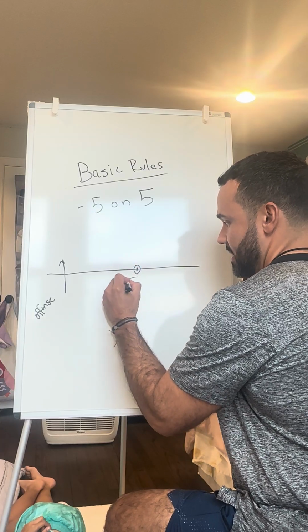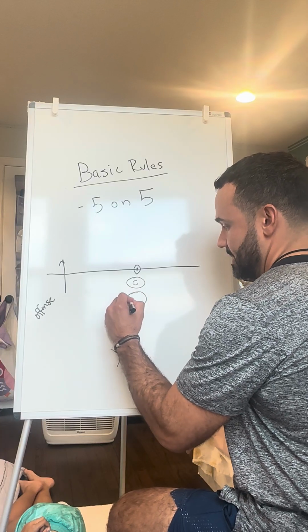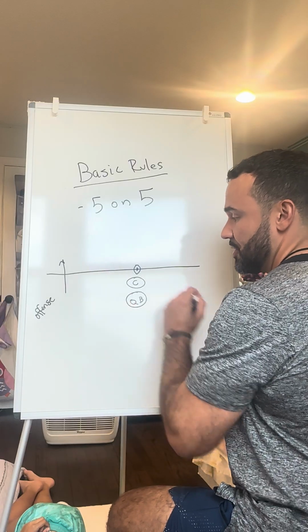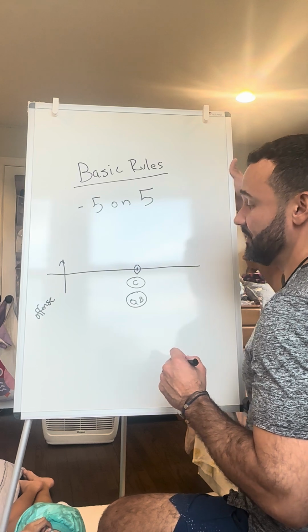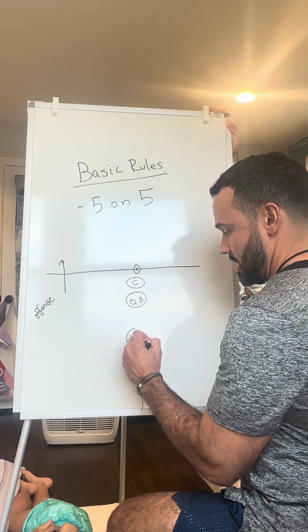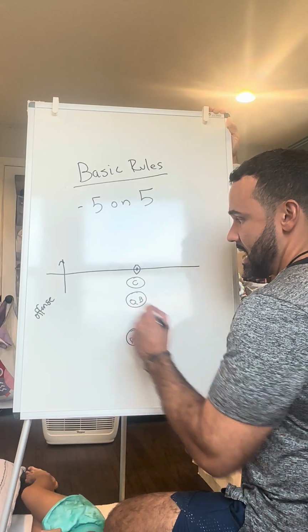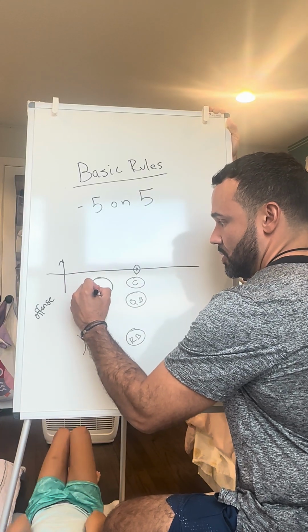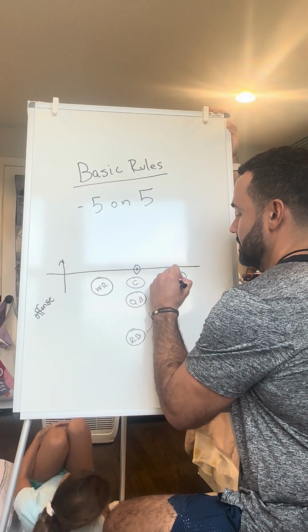We're going to have a center, C. We're going to have a quarterback, QB, and then we're going to have three other players that we'll put in different places. Sometimes the third player is going to be a running back. So that's 1, 2, 3, and then we have two other players, and they're going to be wide receivers. Sometimes the wide receivers will be on each side of the ball.